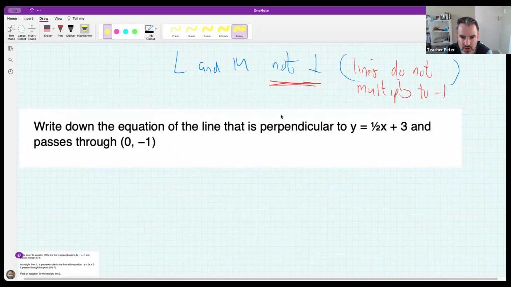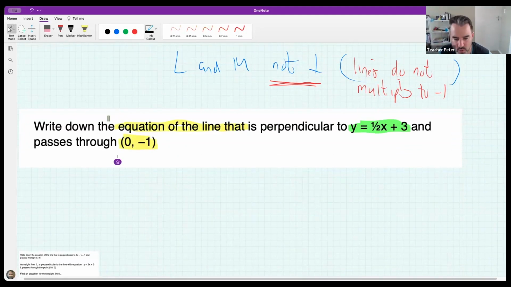But I think you can start. So you need the equation of a line that is perpendicular to this one over here, but it also goes through the point (0, -1). So I want you to tell me in the chat where I should start, and then I want you to start doing it.